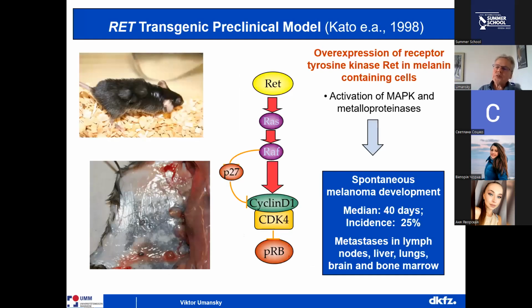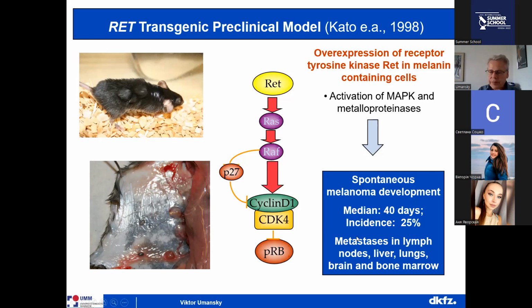Now, coming to our experiments for targeting of melanoma cells, so myeloid-derived suppressor cells, we used the mouse model which spontaneously develops melanoma, the so-called red transgenic model, characterized by the overexpression of receptor tyrosine kinase red in melanin-containing cells, which leads to spontaneous melanoma development relatively quickly, with a median of 40 days.